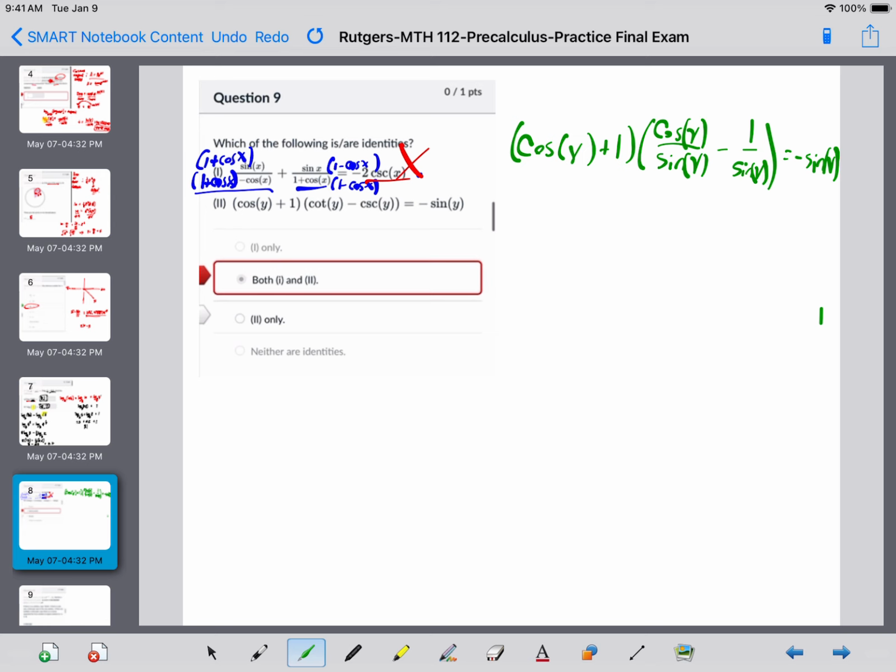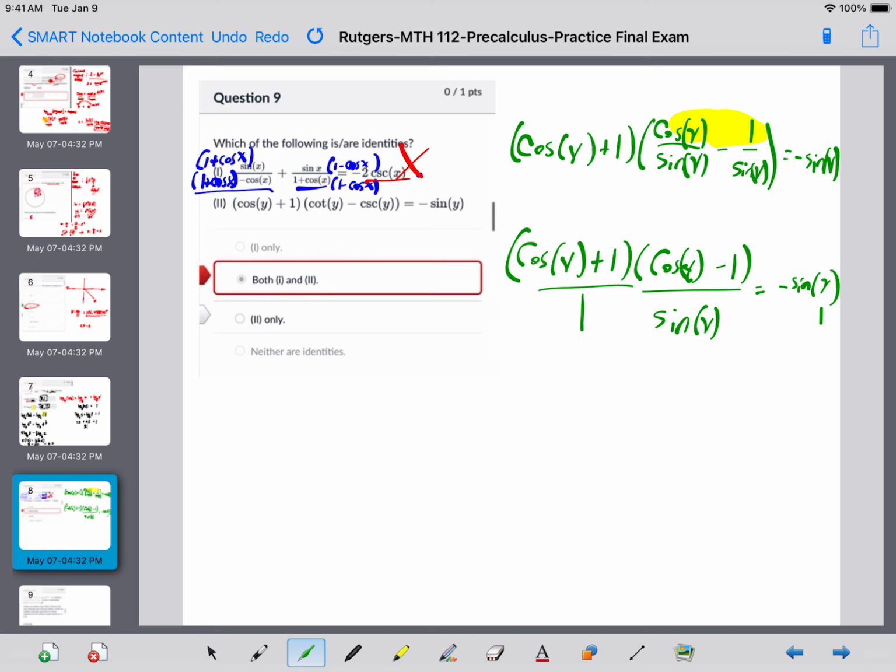So I could actually combine, because I have a common denominator. So I have cosine of y plus 1 times cosine of y minus 1 over sine of y equals negative sine of y.